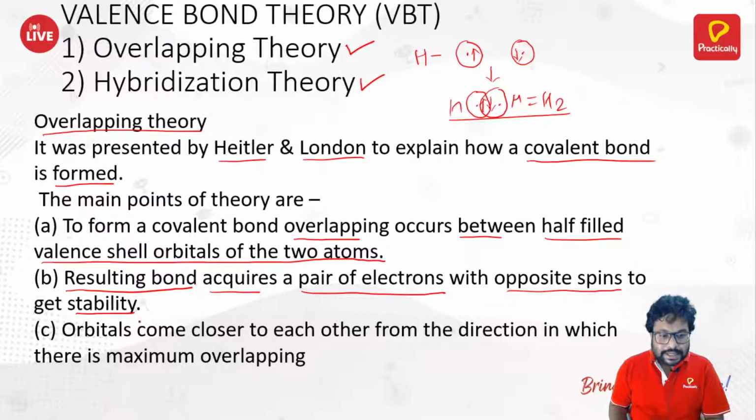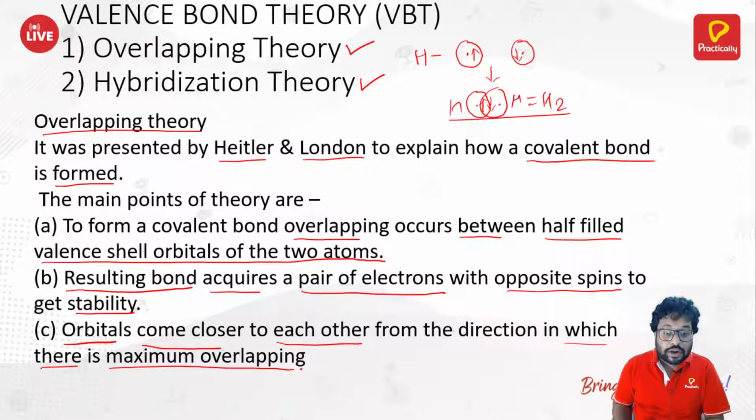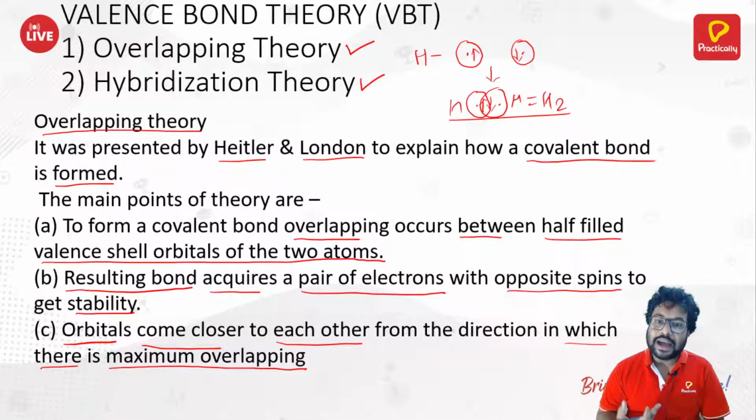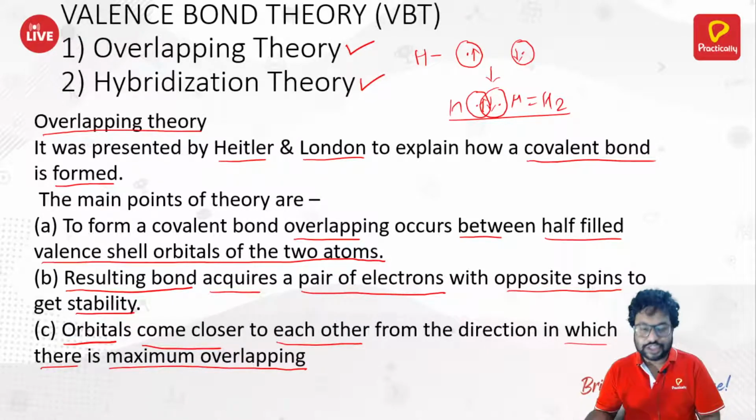Now, orbitals come closer to each other from the direction in which there is maximum overlapping. So an orbital always comes from that direction which gives maximum overlapping. That is how bond formation happens according to the overlapping theory.